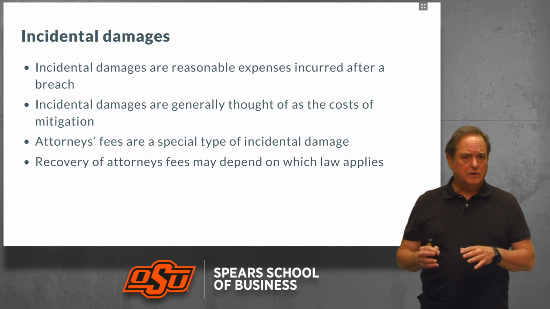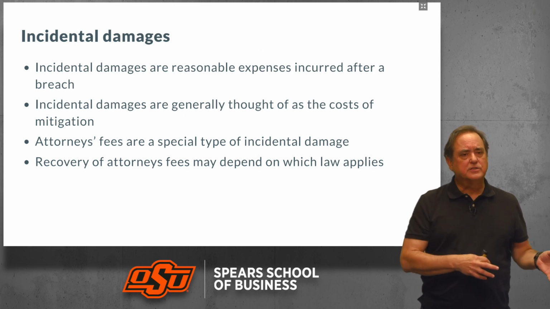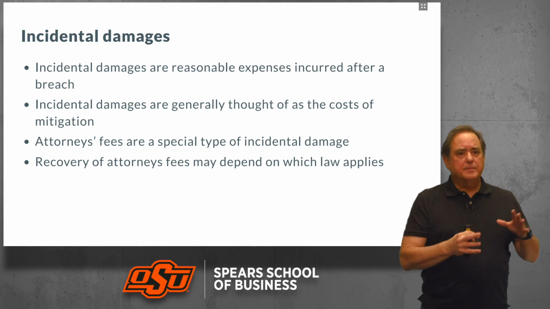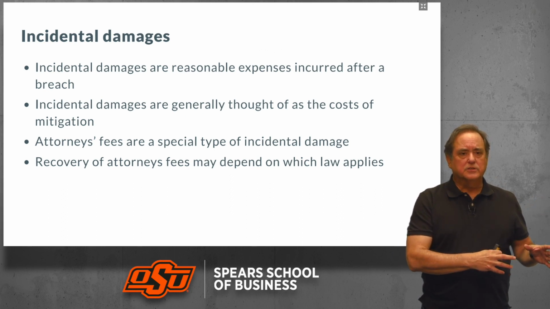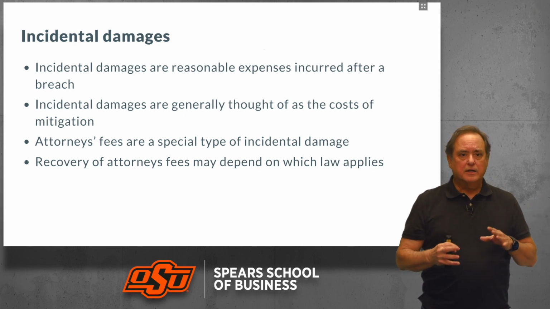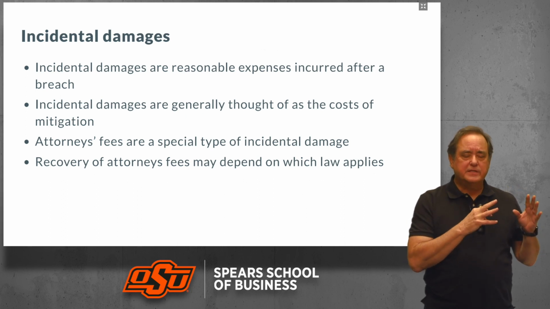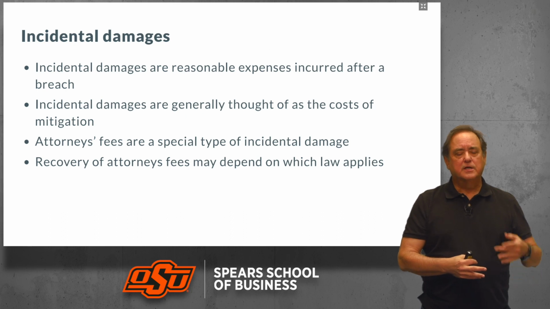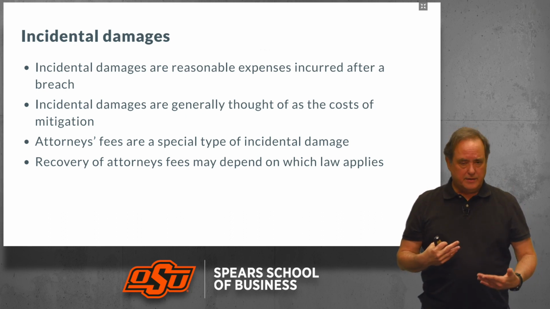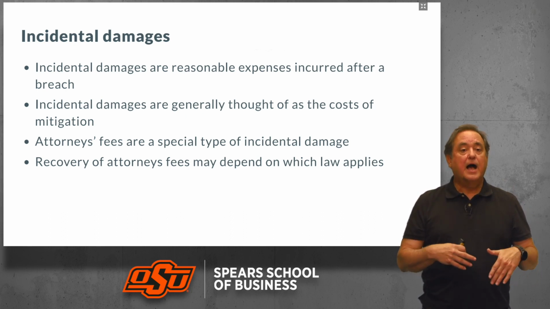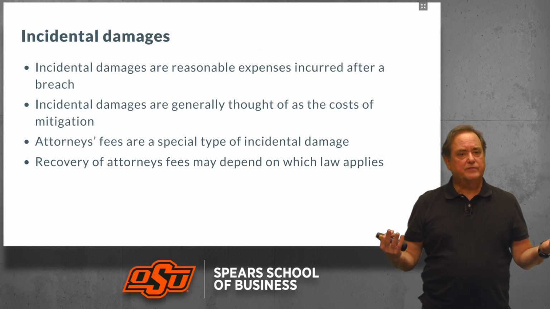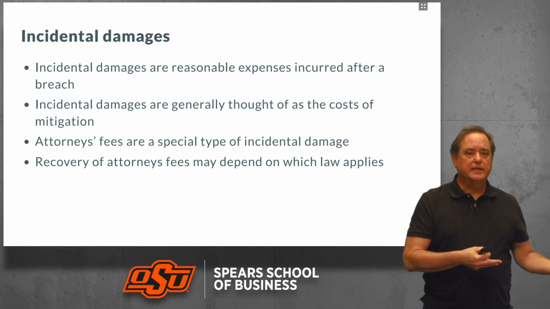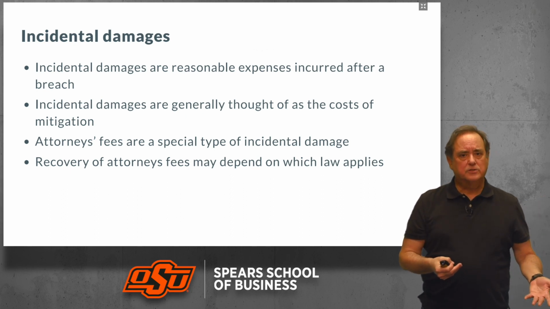If a buyer breaches and fails to take delivery of the goods, the seller has an obligation to go resell those goods, and that seller is going to be entitled to receive the difference between the contract price and the market price. So same example, I show up and I say, I am not going to pay you the $750 for your computer. You go out on the market, you resell it for $650.